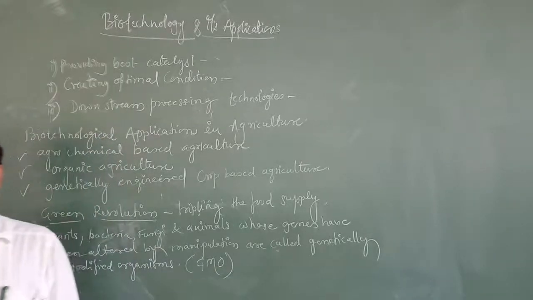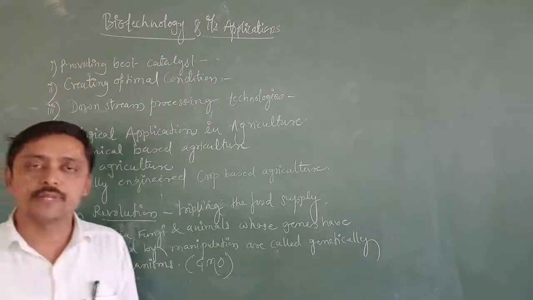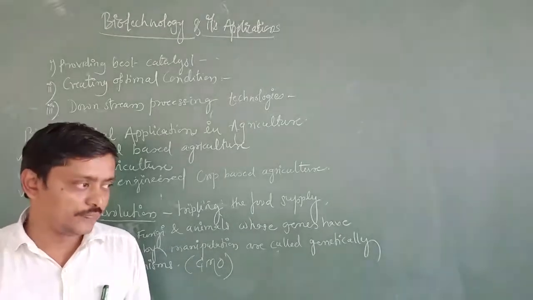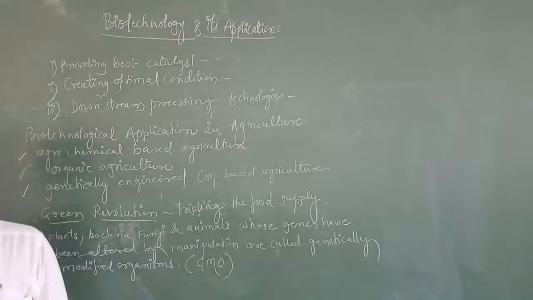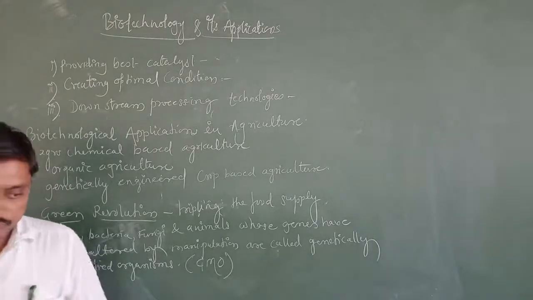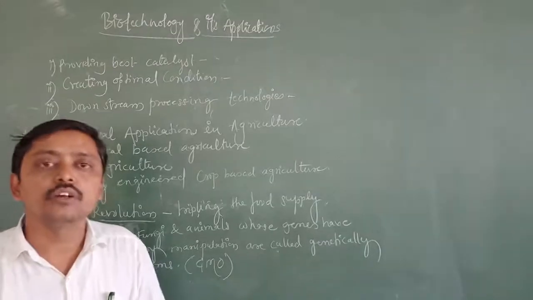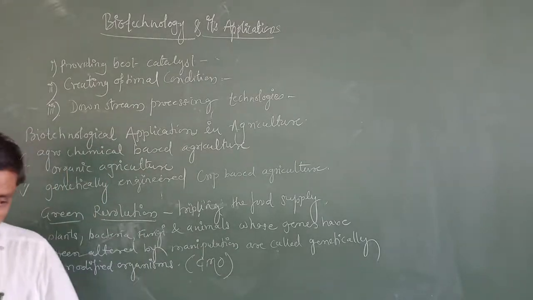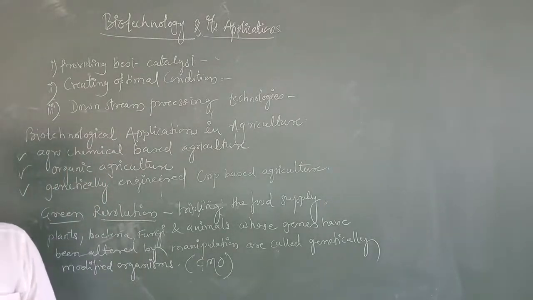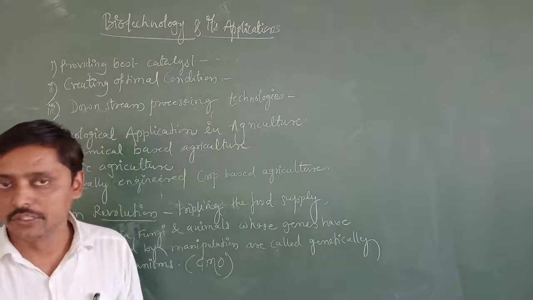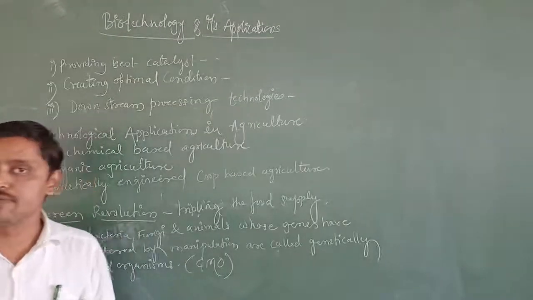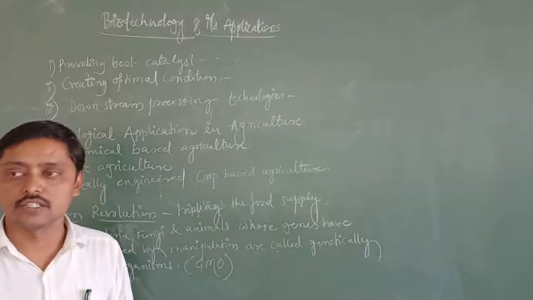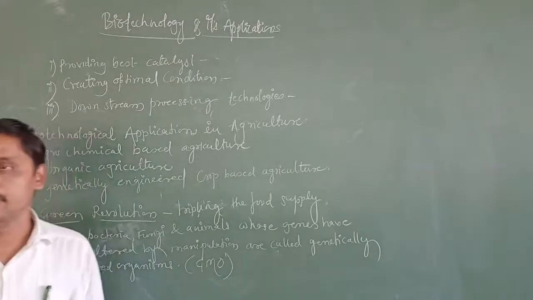Afterwards, we discussed the principles of biotechnology. Then we discussed the important tools used in biotechnology, like plasmid, restriction endonuclease, in the sense restriction enzymes, DNA ligase, host cell, in the sense host bacteria, E. coli bacteria.